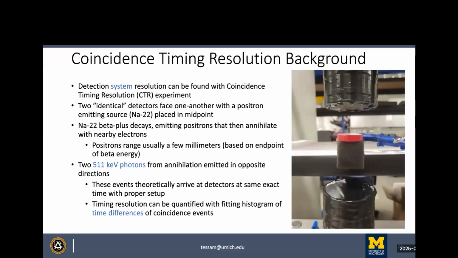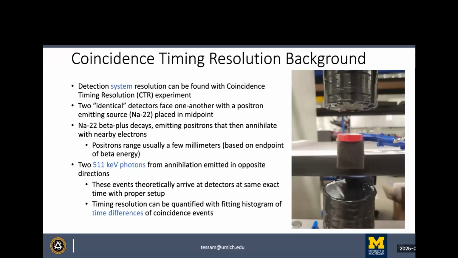I have directly done work on coincidence timing resolution. We can find the total system resolution with these experiments. We have two identical, or as identical as we can get them, detectors facing one another with a positron emitting source, usually sodium-22, exactly at the midpoint.